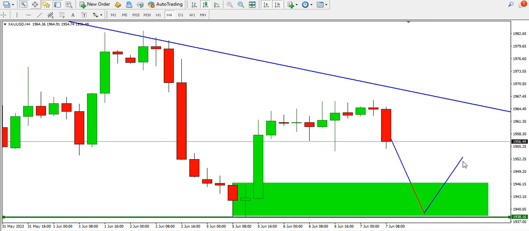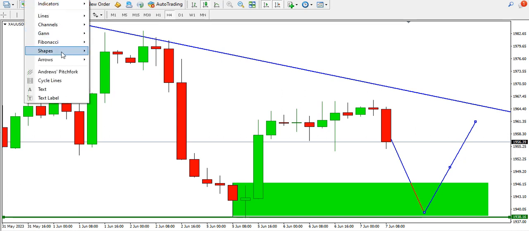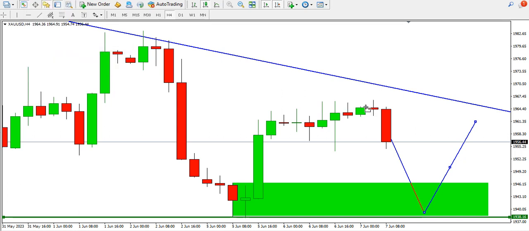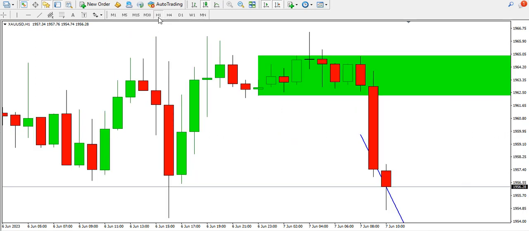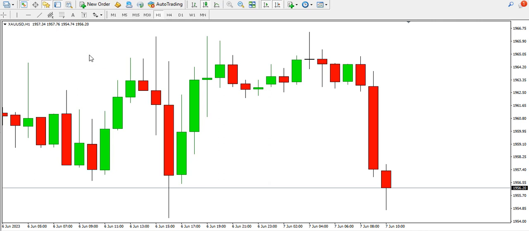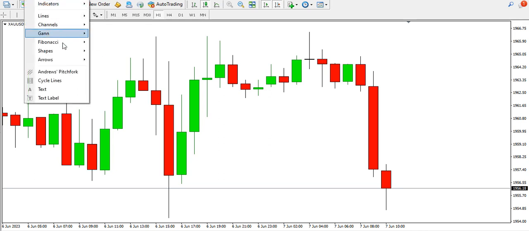But if price is going to find some level of support, the buyers will have to contend with this particular supply area that might serve as resistance to price. That's that on the 4-hour time frame. The outlook is bearish.